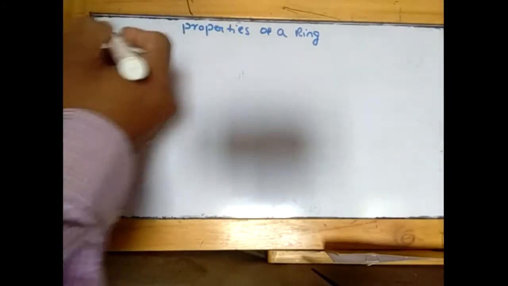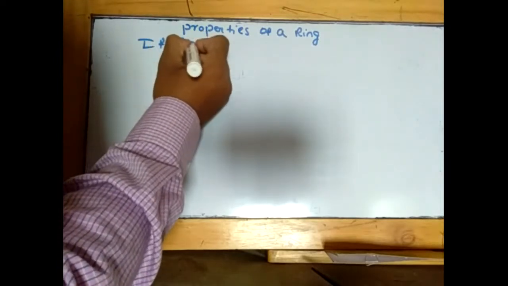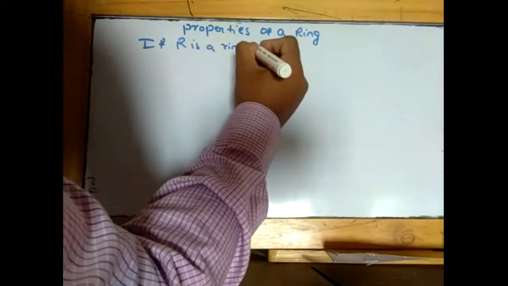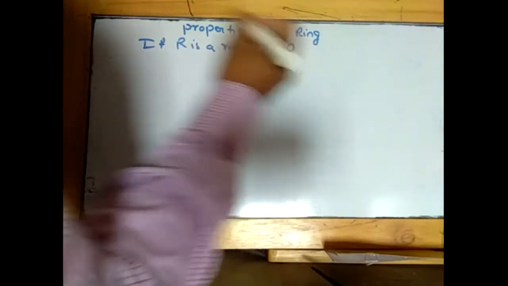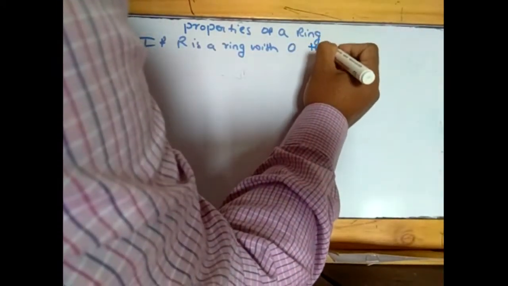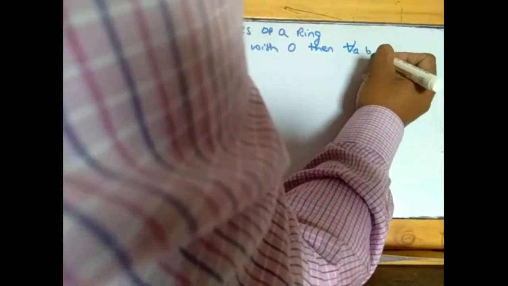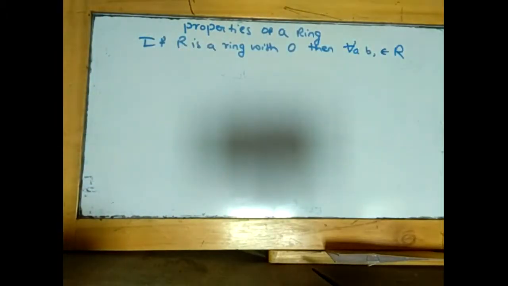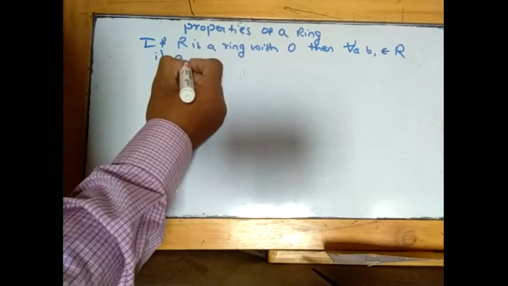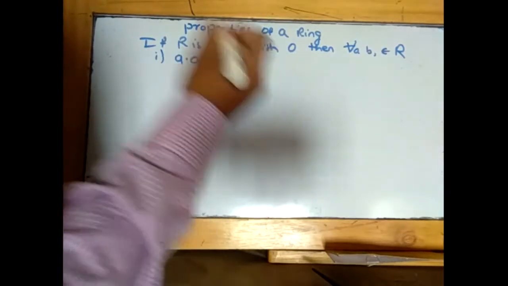So it states that the first property, that is, if R is a ring with 0, then for all a, b belonging to R, a dot 0 is equal to 0 dot a is equal to 0.